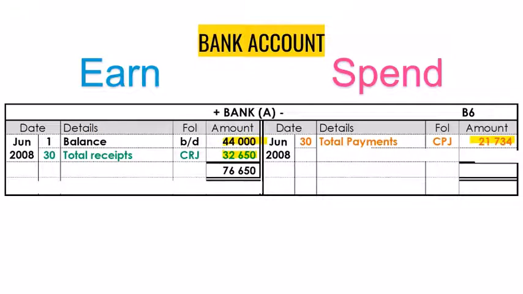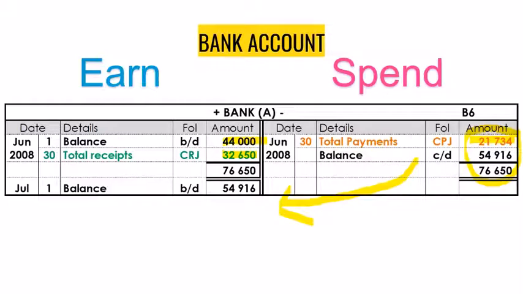Step 2, write that total in the amounts column on the other side as well. Step 3, get the difference between these two values on the smaller side and call it balance CD. And then step 4, take this balance down to the opposite side on the 1st of the next month and call it balance BD.